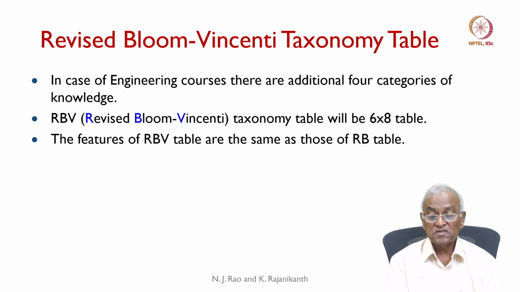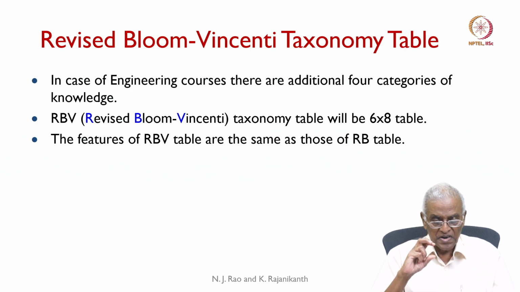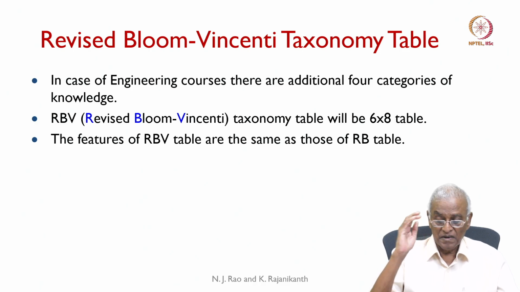It will have 6 rows and 8 columns, because there are 4 general categories of knowledge and 4 knowledge categories specific to engineering. The features of the RBV table are the same as those of the RB table. That means whatever we stated now, a particular cell, depending on its location, implies all the activities above that cell.